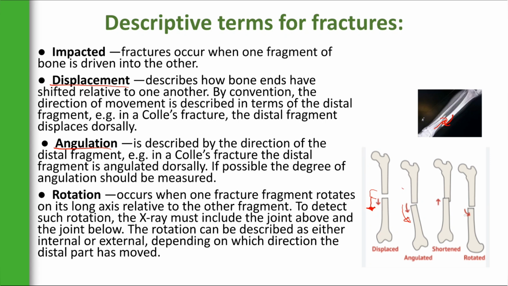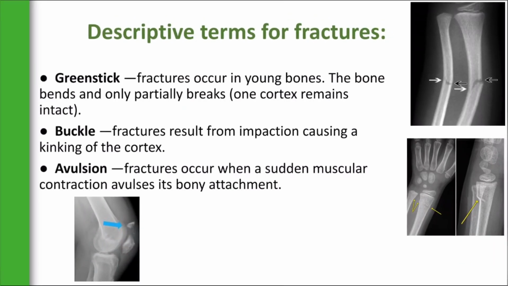We also have rotation, when one part of the bone rotates in a direction relative to the other bone. Shortening usually happens from the impaction of the bone and from the effects of the muscle.